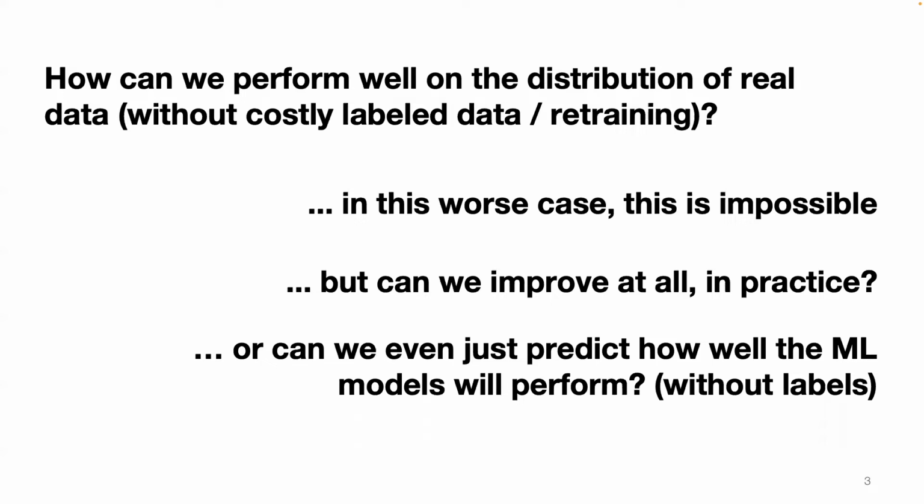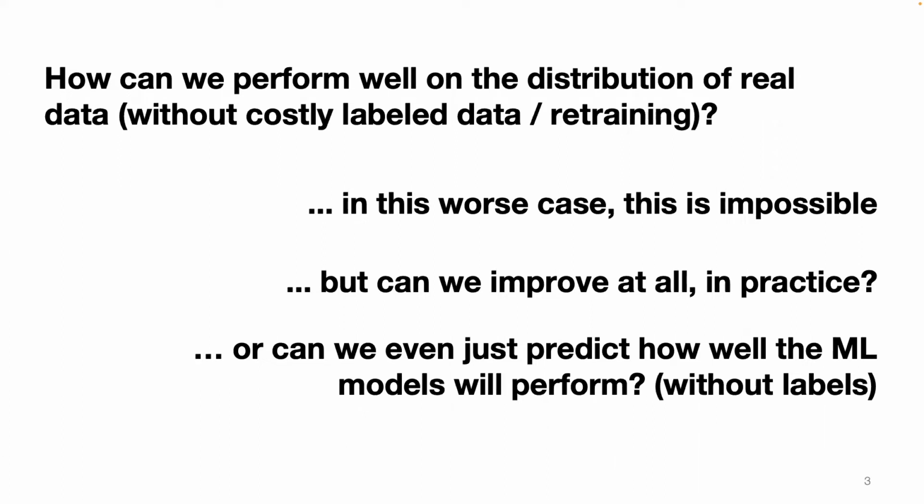Just to clarify, this problem might seem easier, but it's still impossible in the worst case. Just like before, you can always switch the task, and the distributions might look very similar, but the accuracy can be whatever it wants to be. So there's really no way to do this in a truly general sense, because the problem is ill-defined.